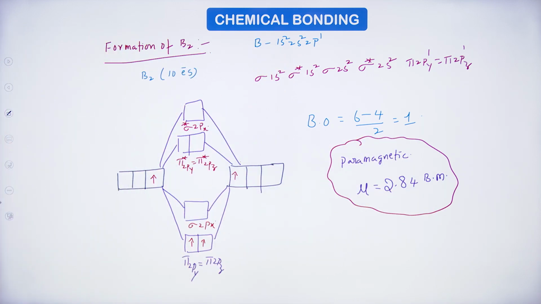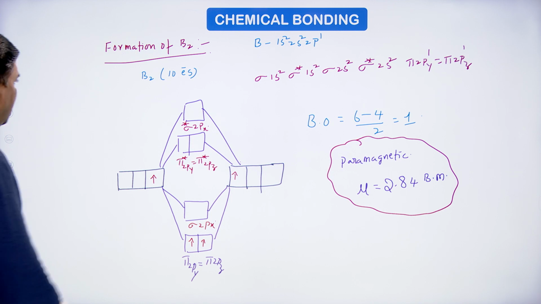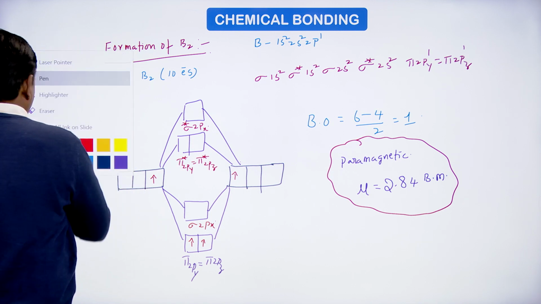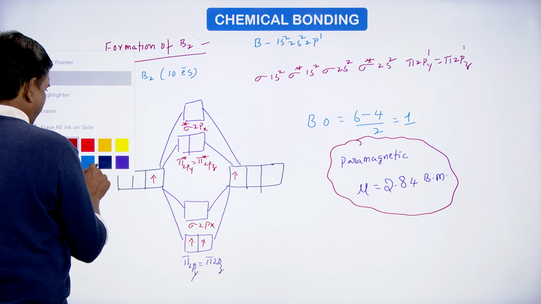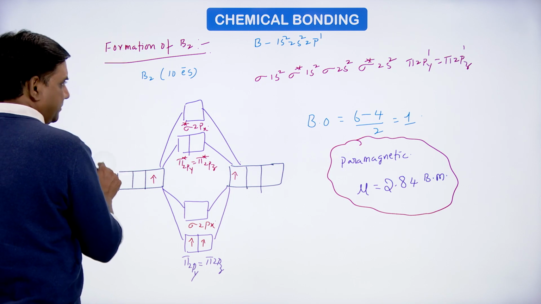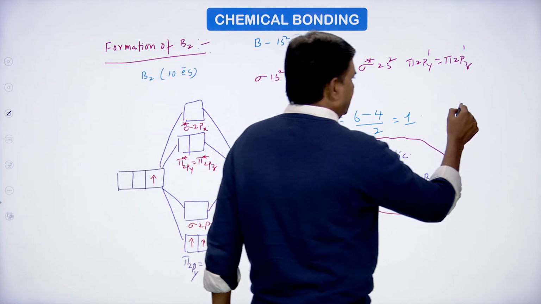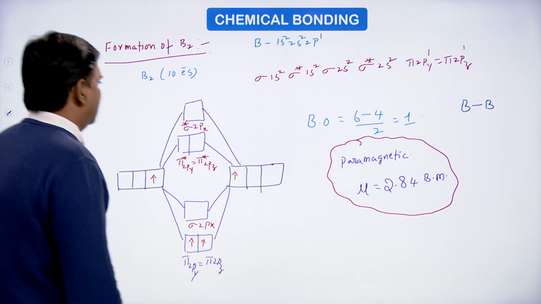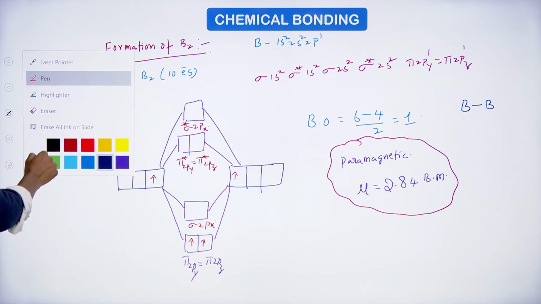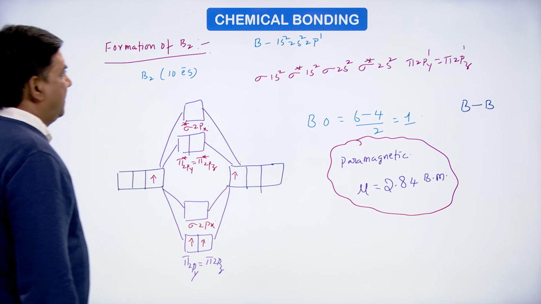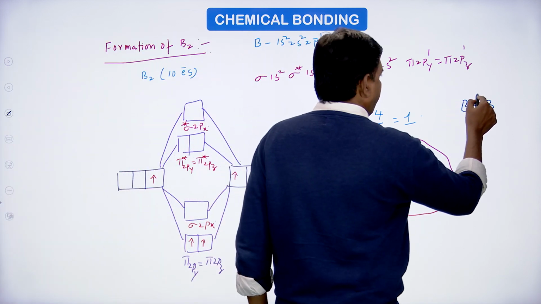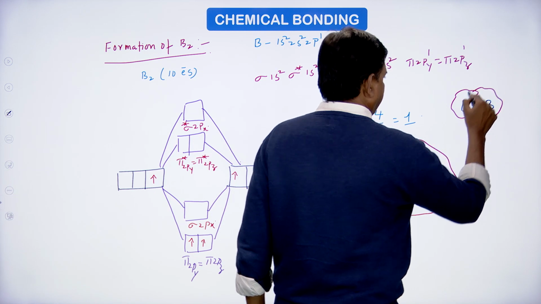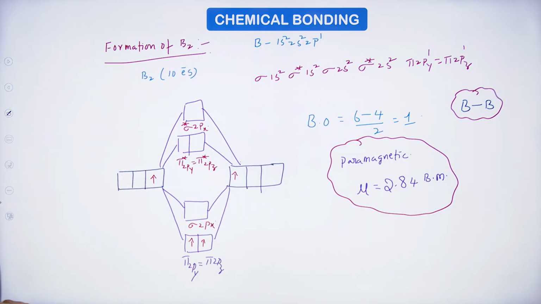Right. This is all about the B2 molecule. According to molecular orbital theory, the B2 molecule exists like this, with a single bond, because there is only one bond here, like this. This is about the B2 molecule, students.